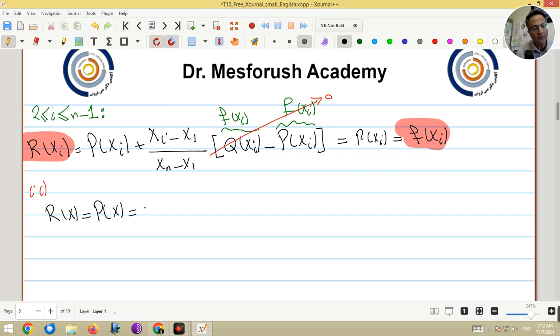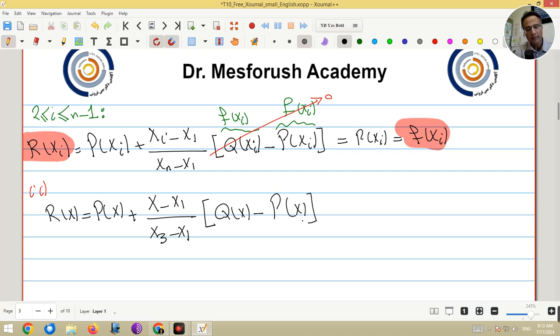This is p of x plus (x minus x1) over xn. N here is 3, x3 minus x1 times (q at x minus p at x).